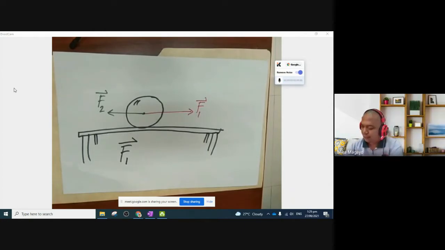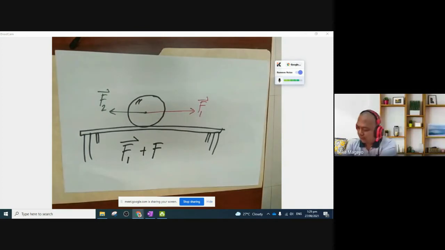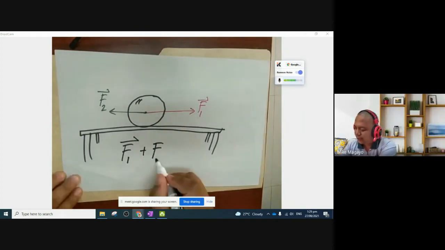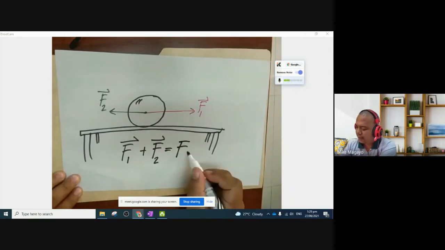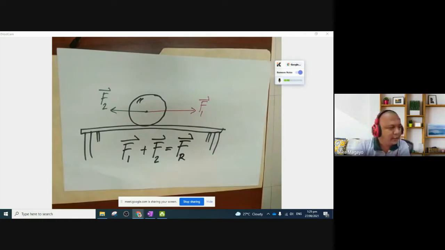And then we have to add F2, and whatever the resultant vector is, let's consider that as FR, where FR is the resultant vector, or the sum. When I say sum, it's the answer of addition, right? It's the sum of vector F1 and vector F2.